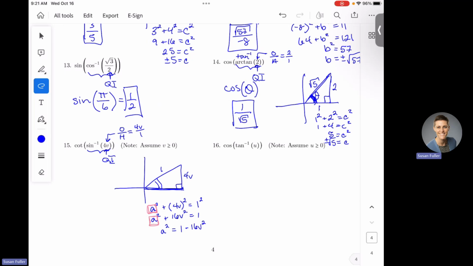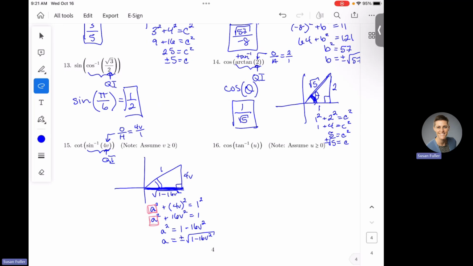If you still need that box around the A, go ahead and put it there, but that's what we're solving for. So to get A by itself, you're going to take the square root of both sides. So we're going to have plus or minus the square root of 1 minus 16V squared. Is this positive or negative here in quadrant 1? Yep, everything in quadrant 1 is positive, so I'm just going to put the positive square root of 1 minus 16V squared in there.